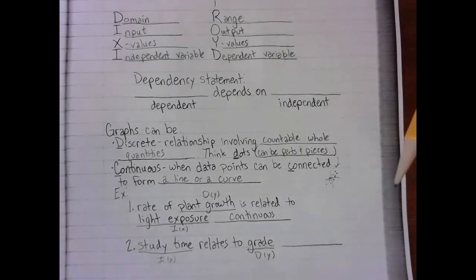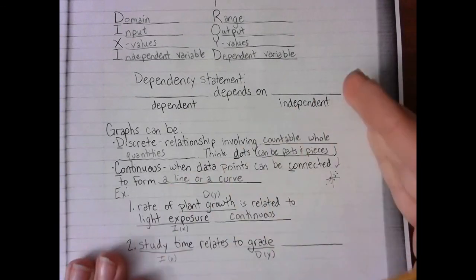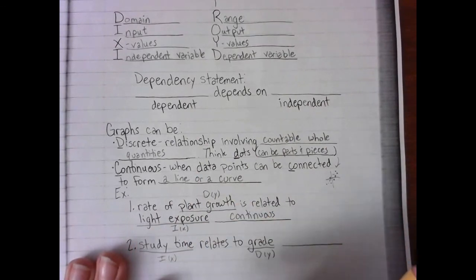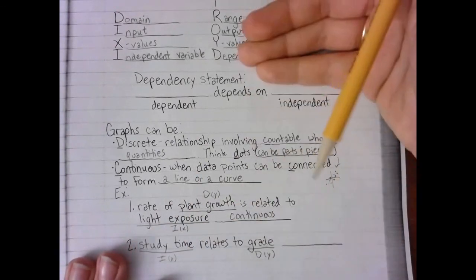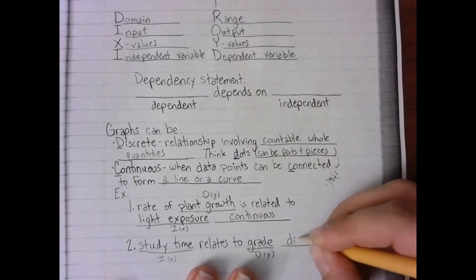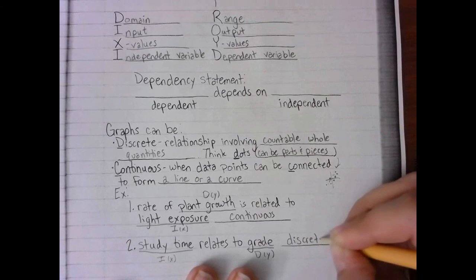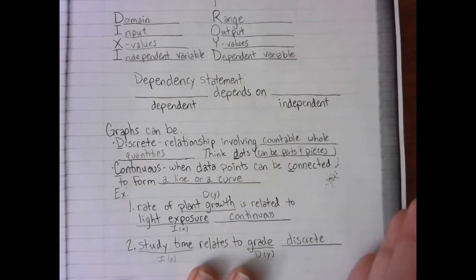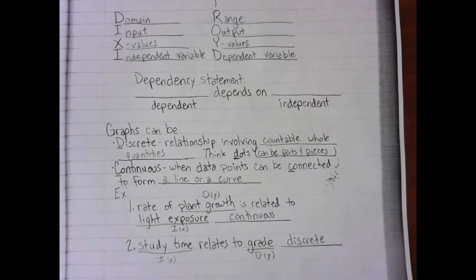Yours might go up 10 points. So it's going to have this shifting. It's not going to be all connected, because sometimes studying for just 5 minutes gives you a tiny boost, but then maybe studying for 10 gives you this huge boost, and it might bump up and down. So I would say this is discrete, because we'd have dots everywhere, and they wouldn't necessarily make one smooth curve or a smooth line. All right, you should have some practice. Let me know if you have any questions.